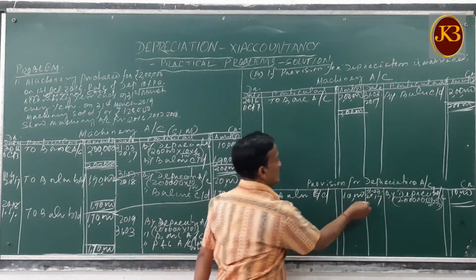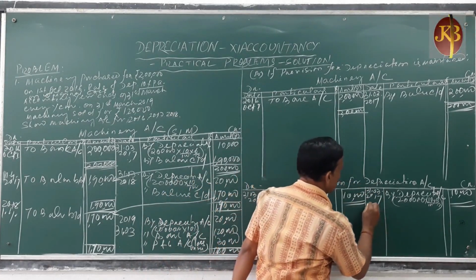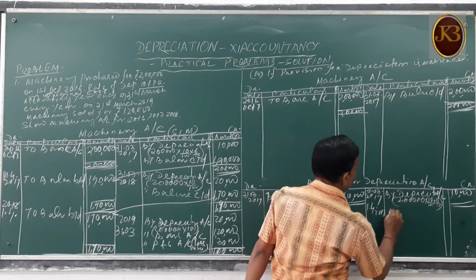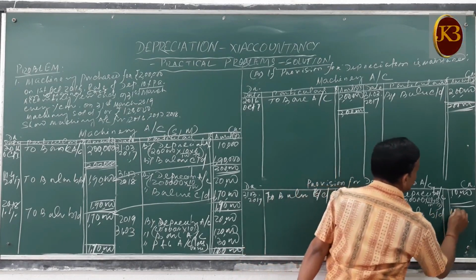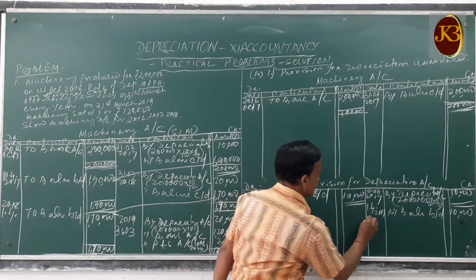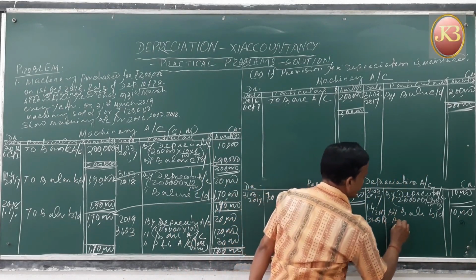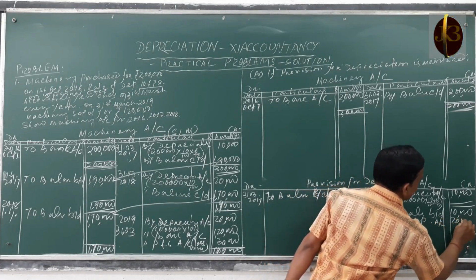So the first year is over. Second year: on 1st April 2017, by balance brought down, 10,000. Again on 31st March 2018, by depreciation account, 20,000.